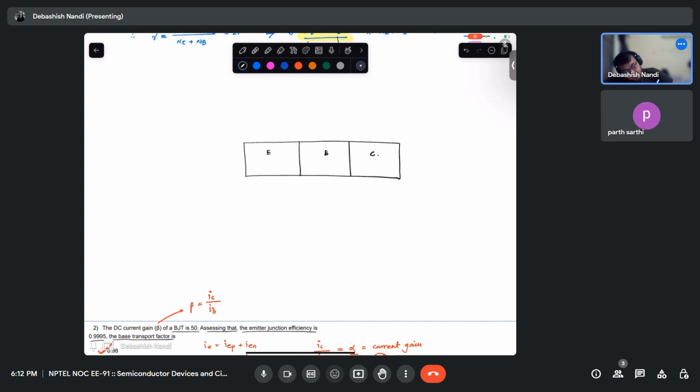So this is NE, this is NB, this is NC. And if I need to draw the concentration profile, how will it be? You mentioned that your base will be lightly doped. With respect to what? Collector? I don't think so.